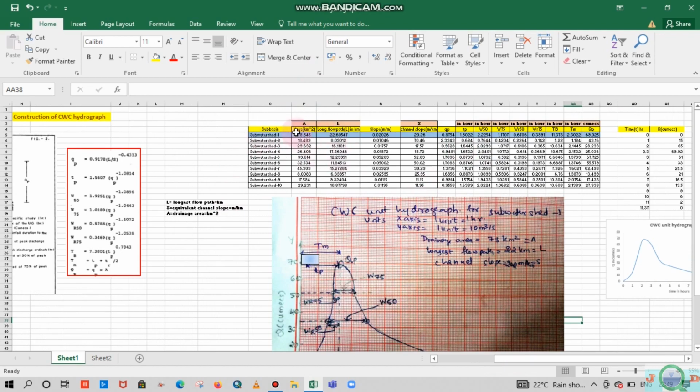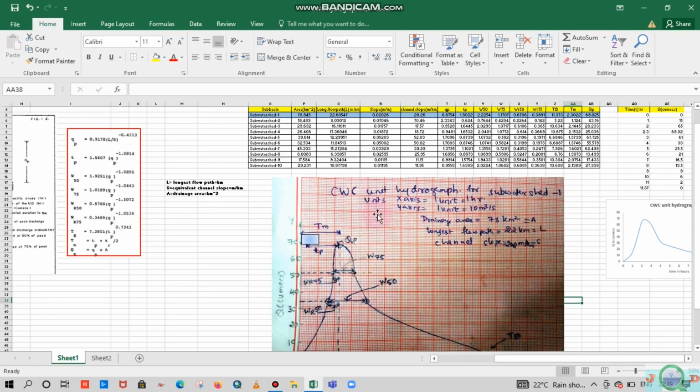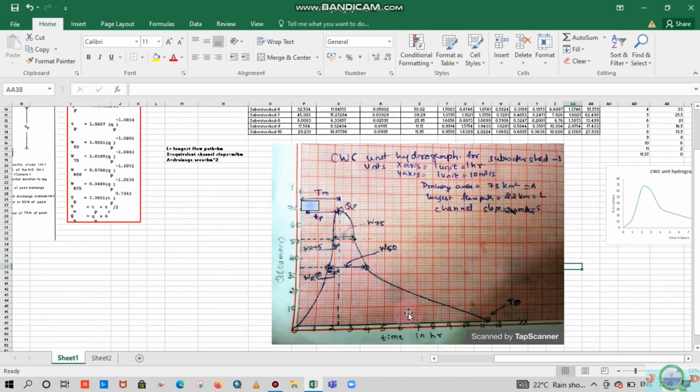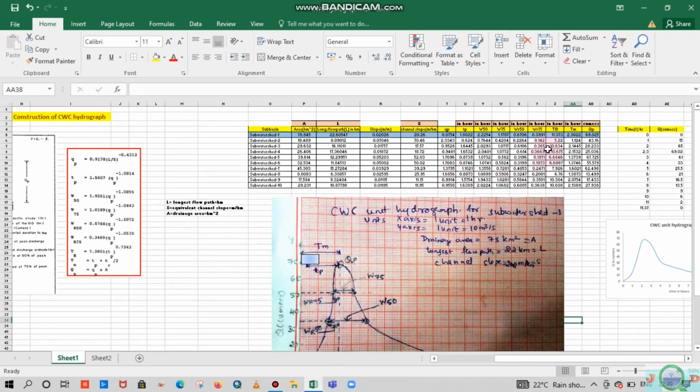Initially on the graph sheet I have plotted the time in hours on the x-axis and discharge in the y-axis. So I have marked this for the first subwatershed. Initially I marked the point Tm and the corresponding QP, that is the peak discharge.